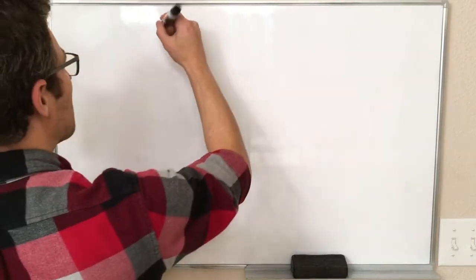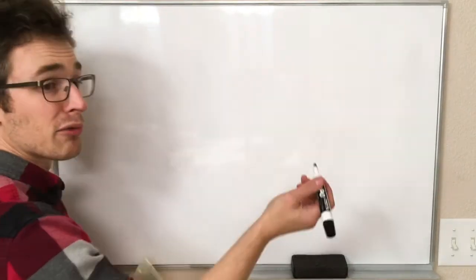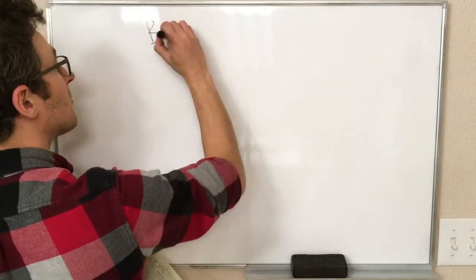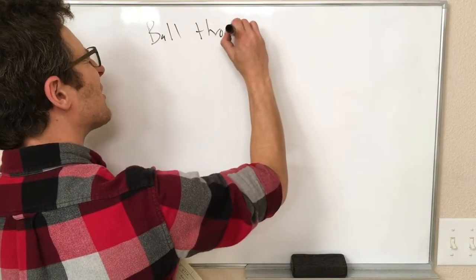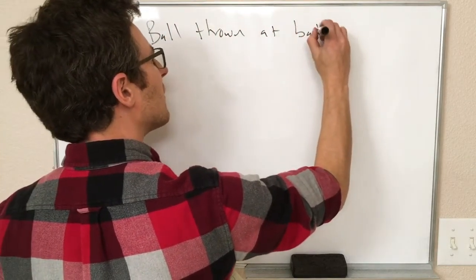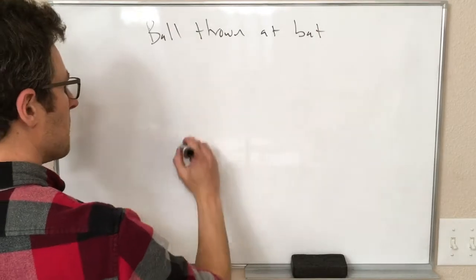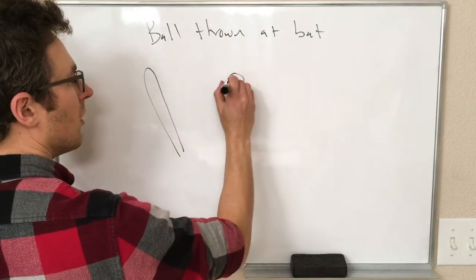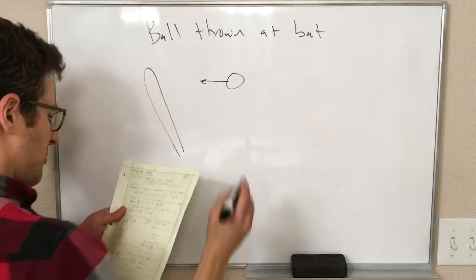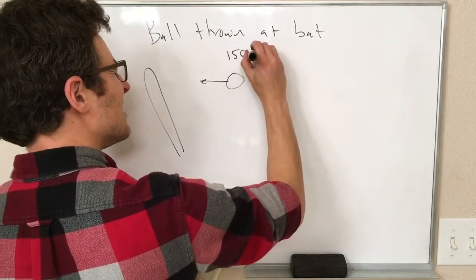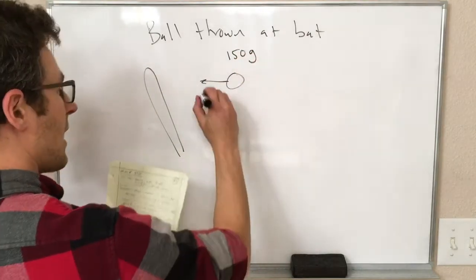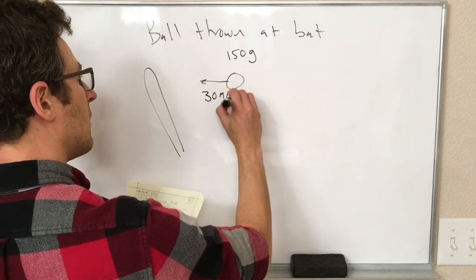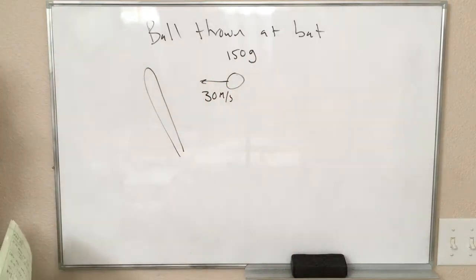Okay, so let's say we have a ball thrown at a bat. So here's our bat, and we have a ball going towards it. The ball is 150 grams and is moving at a velocity of 30 meters per second.